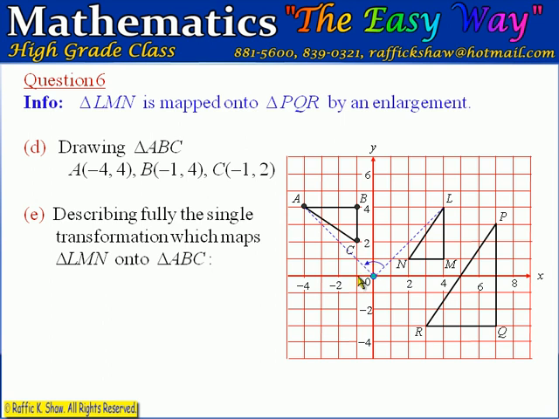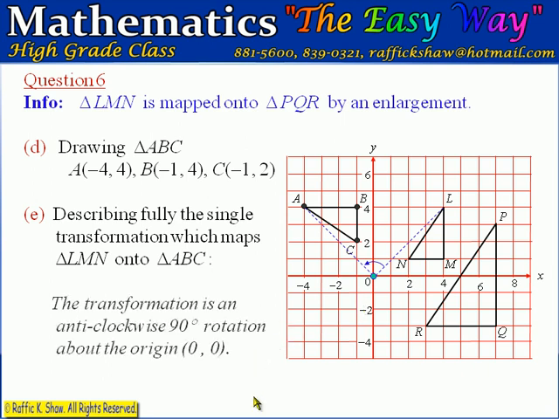And so we have all the information we need now to give a full description of the transformation that maps triangle LMN onto triangle ABC, and that is an anti-clockwise 90-degree rotation about the origin. Alright, and we can go ahead and write that statement. The transformation is an anti-clockwise 90-degree rotation about the origin.